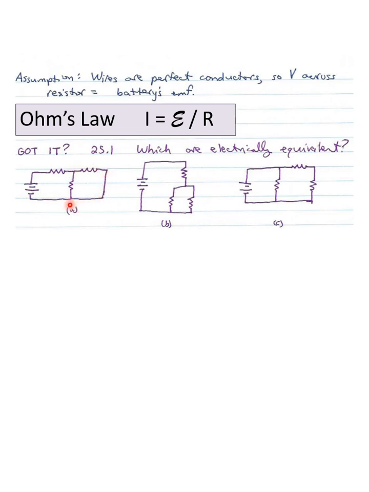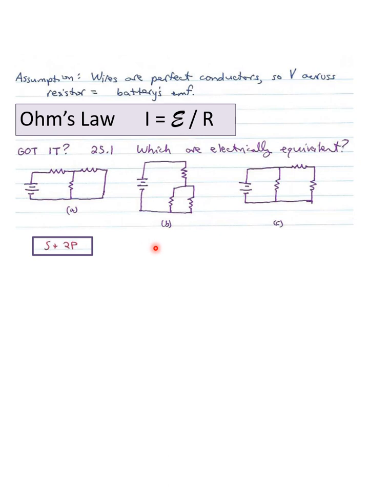Then the current will join up again at this lower junction and continue on to the battery. So what we've got is a circuit that has resistors, one that's in series with these two that are in parallel. So I've written that in shorthand as series plus two that are in parallel.